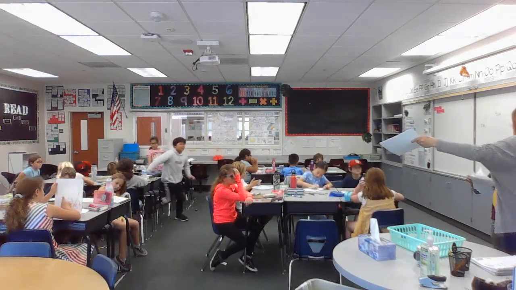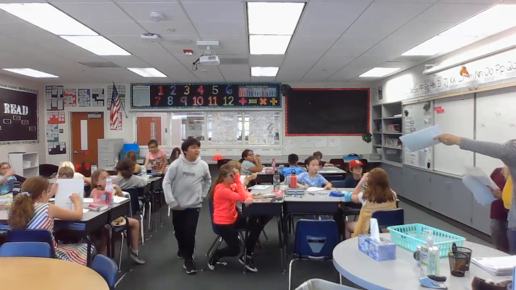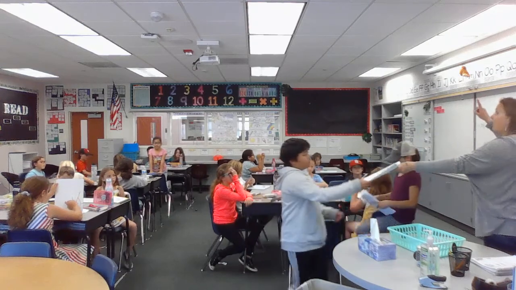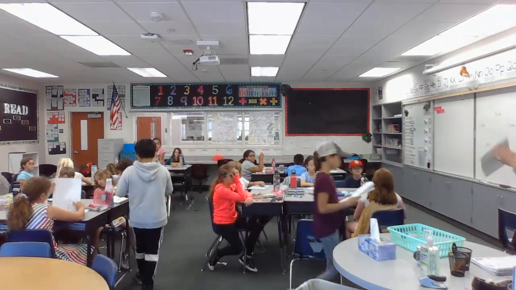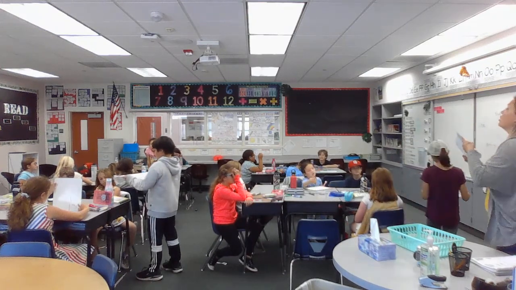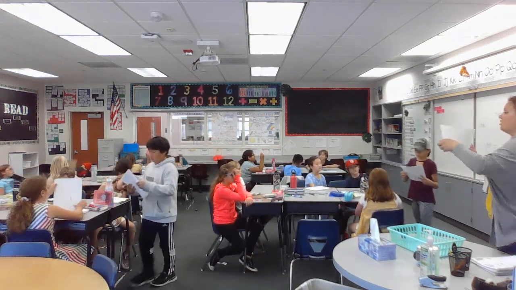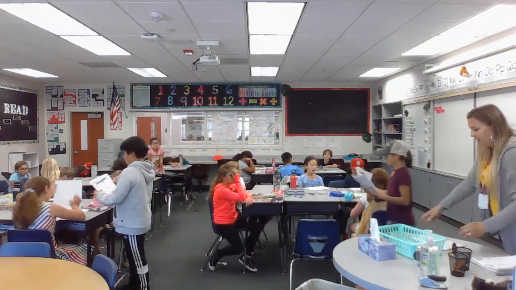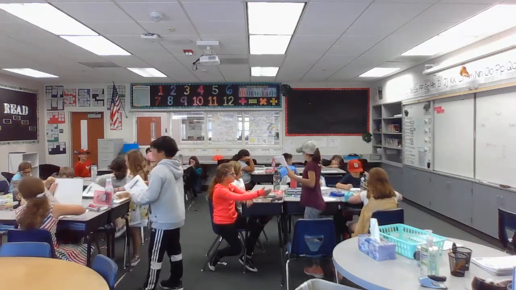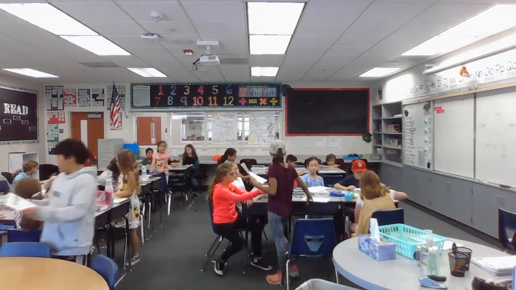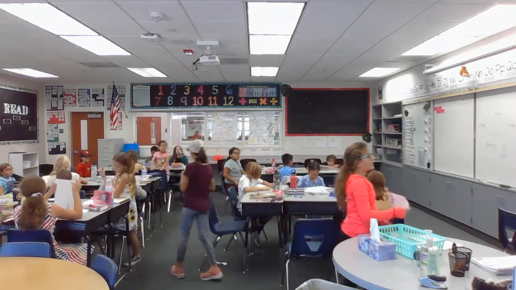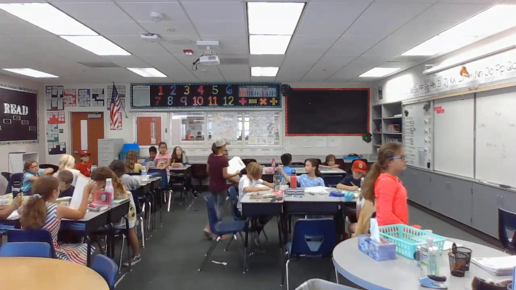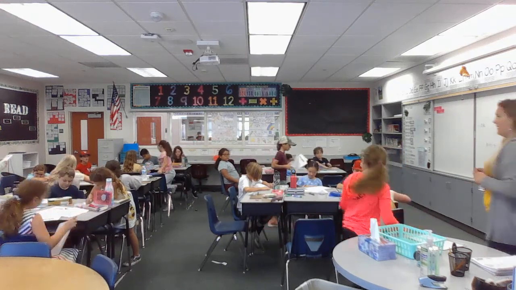When you get done, there is an exit ticket on perimeter. So when you turn your worksheet in, you may grab yourself an exit ticket and then turn that in. I think that will take us to lunch, and then we will be done for the day.